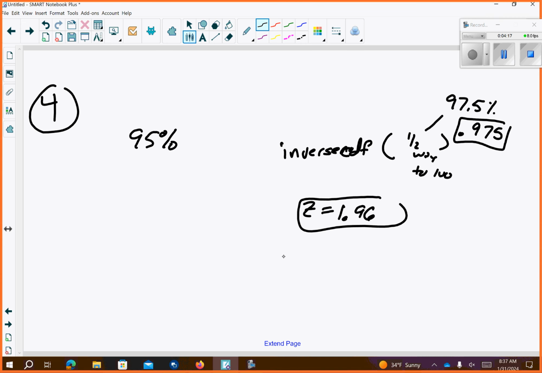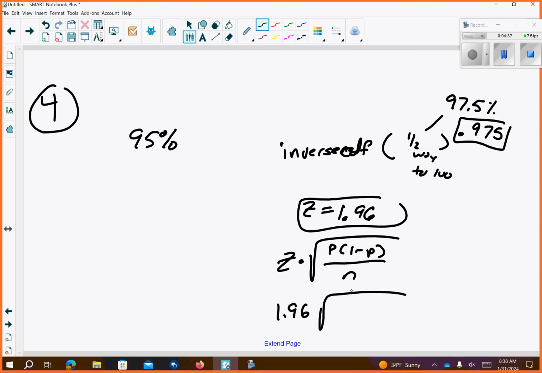So then it's z times the square root of p times 1 minus p over n. We know the z-score, so that's 1.96. And then our proportion was 0.115.